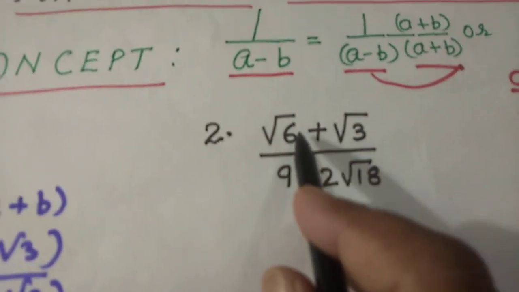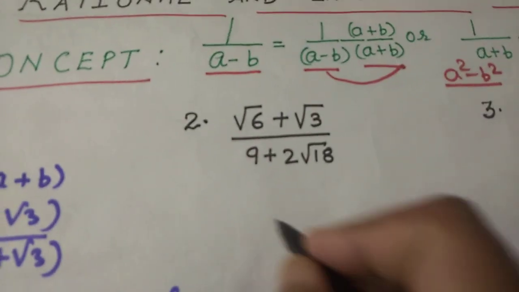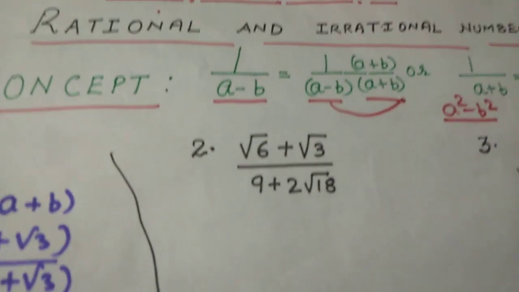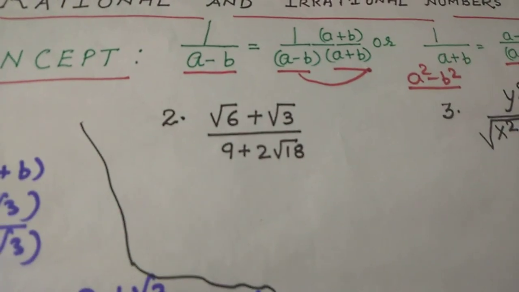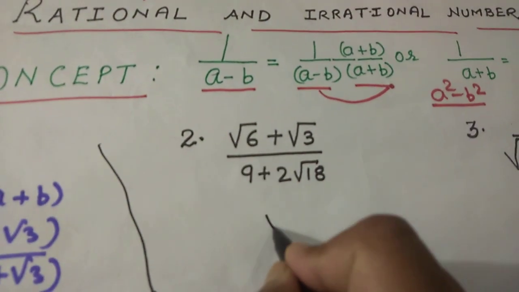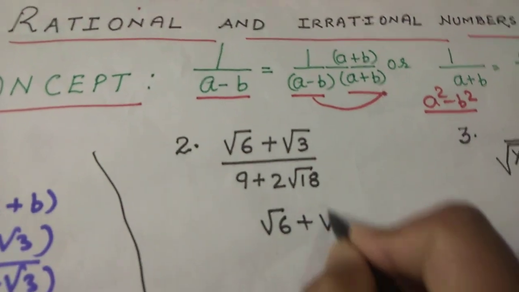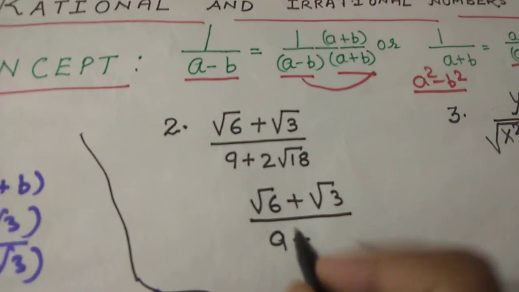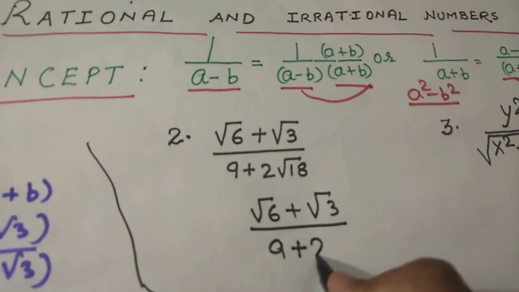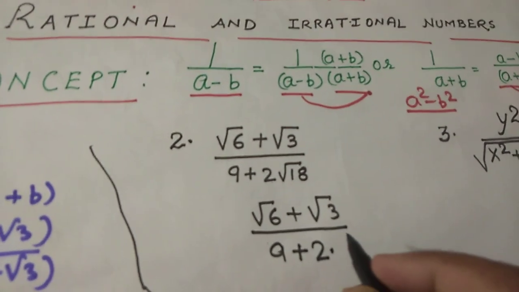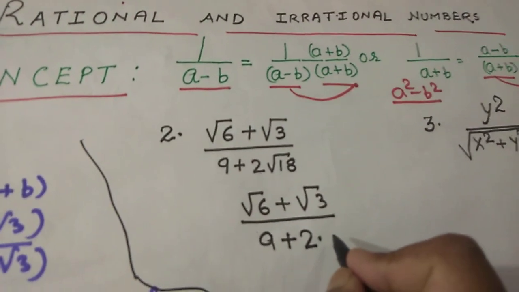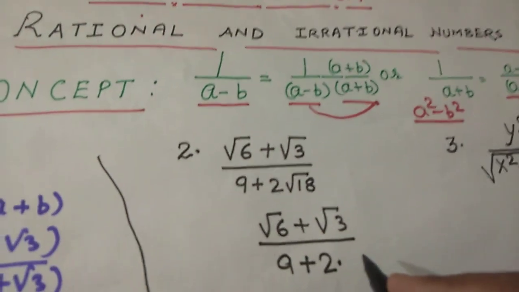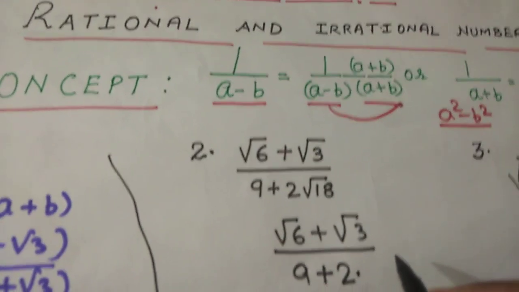Second question, root 6 upon root 6 plus root 3... the denominator is 9 plus 2 root 18. What will be the value of root 18? 3 root 2.